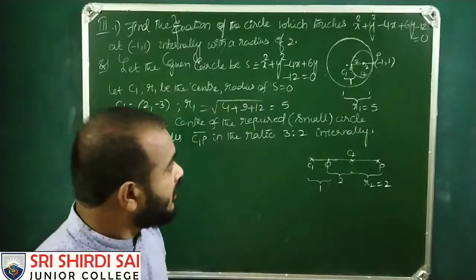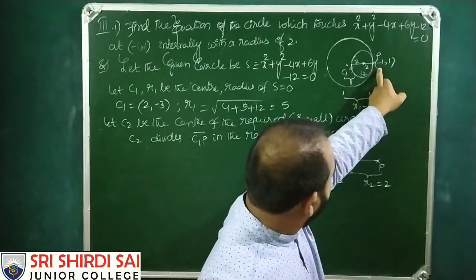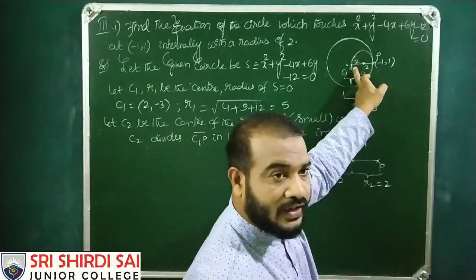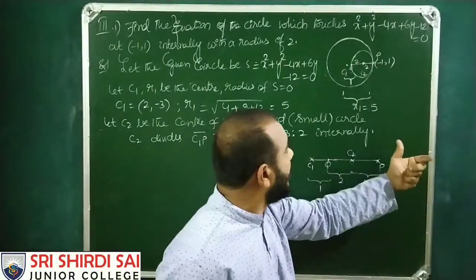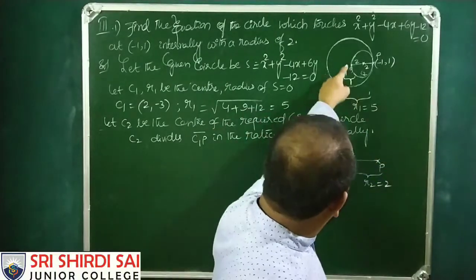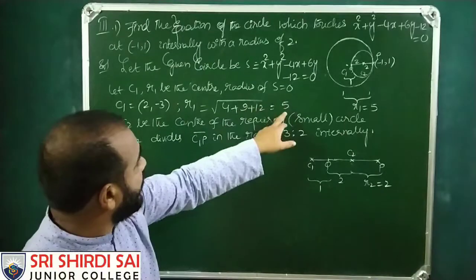Again I am telling you, this is the radius of the small circle, so 2 plus 2, totally 4, is the diameter of the small circle. And C1P totally is 5, the radius that we have found.